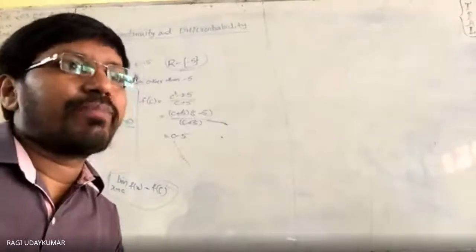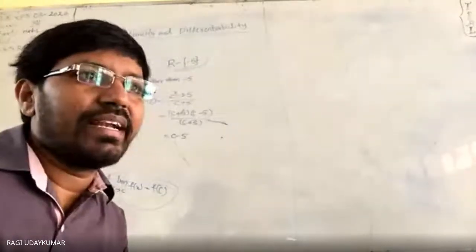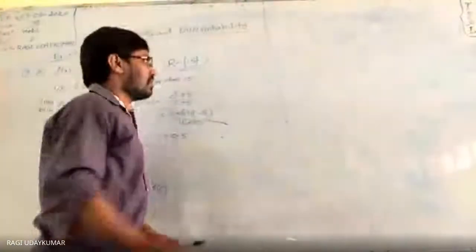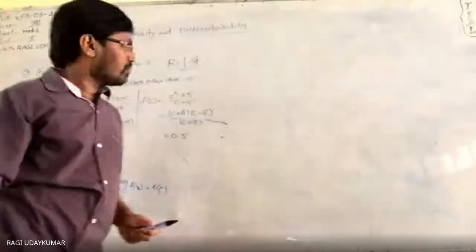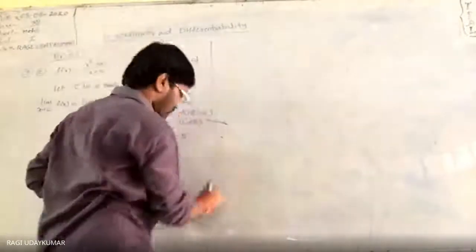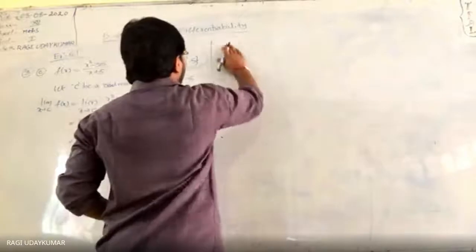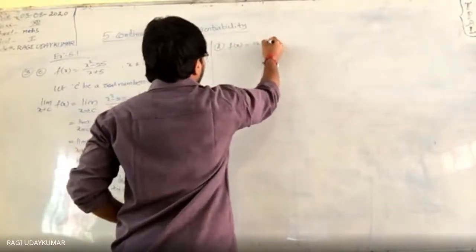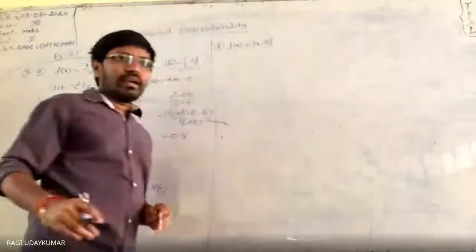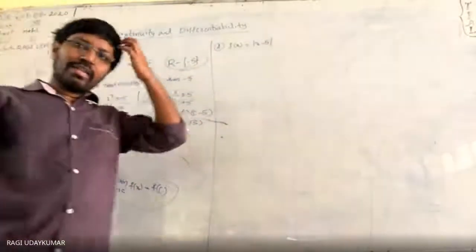Okay, next question. Here it is given that f is the modulus function, mod of x minus 5. Can anyone say another way of writing the modulus function?